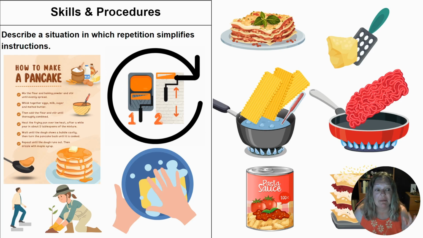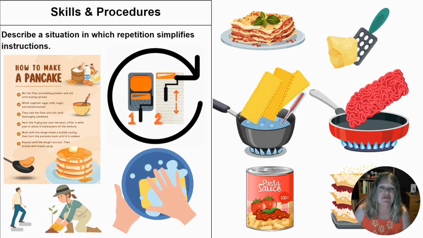Like when we make pancakes, you go through all these steps, but then when you get to the part where you pour the batter and you flip it and then you take it off and you pour the batter, we can put a repeat in there. We don't need to write that out 20 times. When I'm telling someone how to paint, I don't need to write roll the roller up, roll the roller down, roll the roller up, roll the roller down.